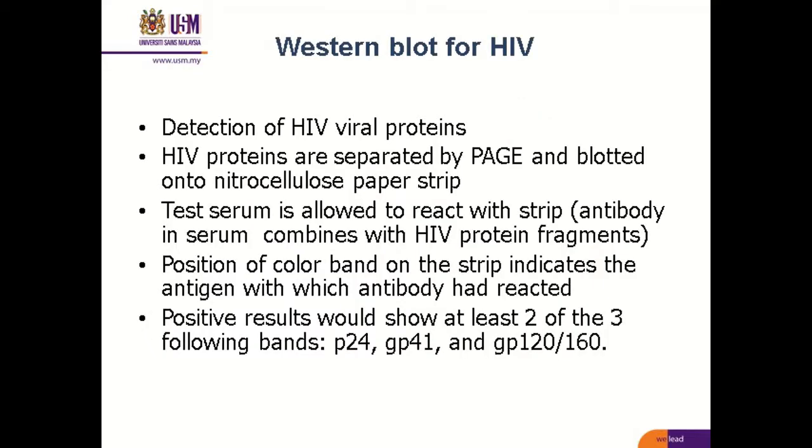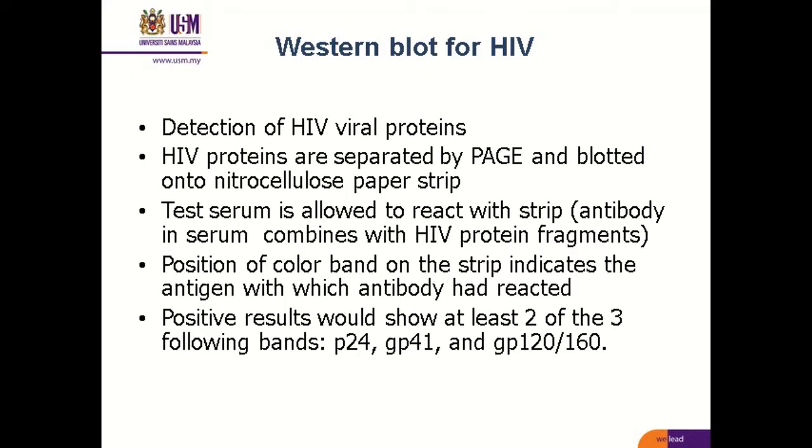For HIV, after we have done the ELISA, we can confirm with the Western blot test or the INNO-LIA test. The Western blot test can be used for detection of HIV viral proteins. HIV proteins are separated by PAGE, polyacrylamide gel electrophoresis, and blotted onto a nitrocellulose paper strip.